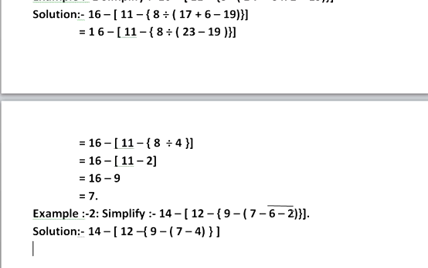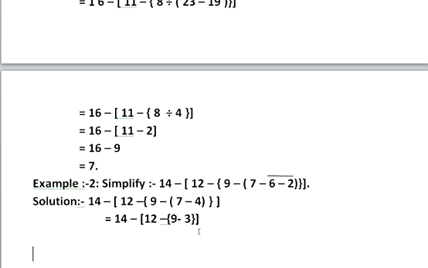Then the next step is 14 minus, we now solve the small bracket and copy the other brackets. 7 minus 4, only one fundamental operation, so we subtract and remove the small bracket. 7 minus 4 we get 3, and then the curly bracket 9 minus 3, and then the curly bracket closes and the square bracket closes. Then we solve the curly bracket.